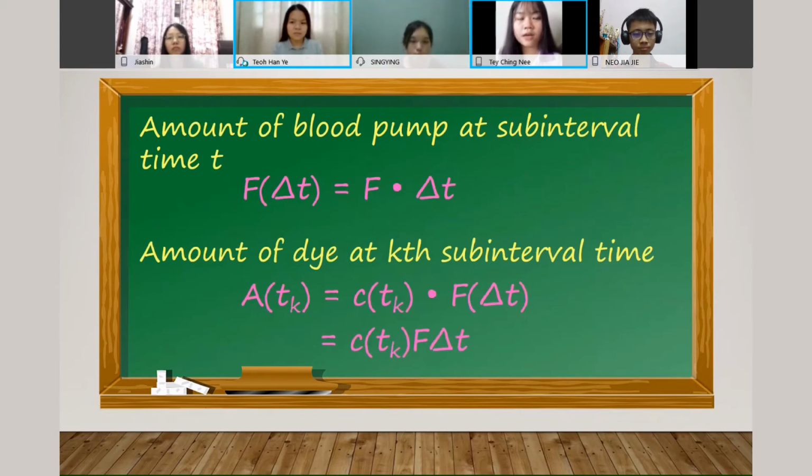To derive cardiac output, we need to find the amount of blood pumped at some interval time t, which is F delta t, equal to F times delta t. Next, we need to find the amount of dye at the k-th sub-interval of time, which equals the concentration of dye at the k-th sub-interval time times the amount of blood pumped at the sub-interval time t.